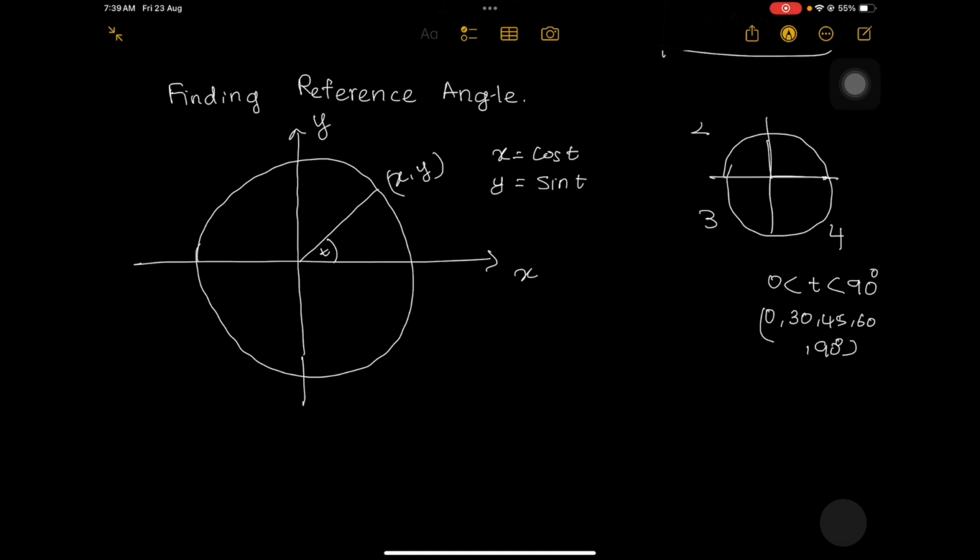Now what if you draw in the second quadrant a symmetric angle, let's say this is alpha.